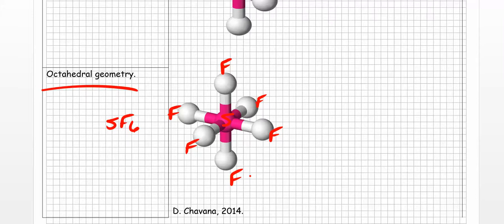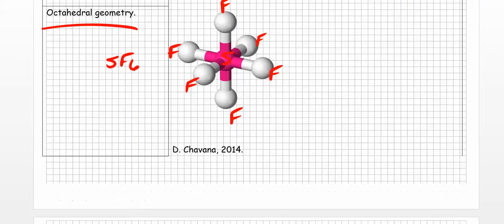We're going to be able to see this better in class when we actually use the little styrofoam spheres and the toothpicks. But for right now, imagine two pyramids, one on top and one on bottom, and the two pyramids are going to have four sides each. Thus, 4 plus 4 is 8, so that's octahedral. All right, let's move on.